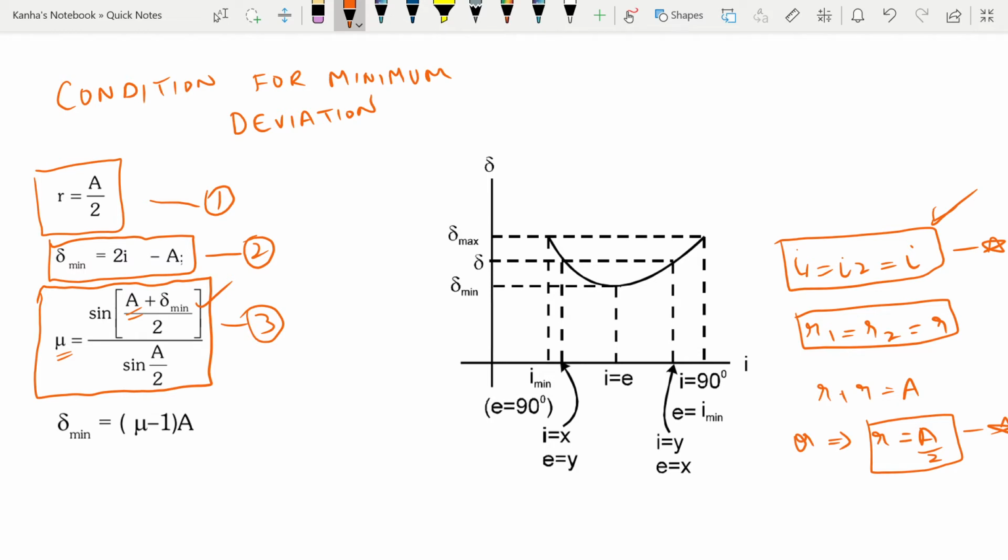Also note that for small angled prisms, for example if A is less than 10 degrees, sine theta is approximately theta.